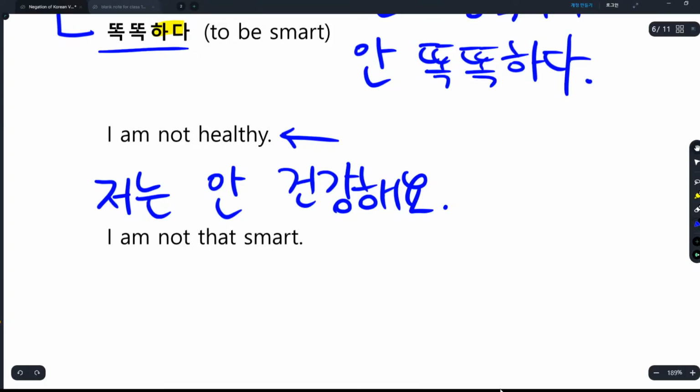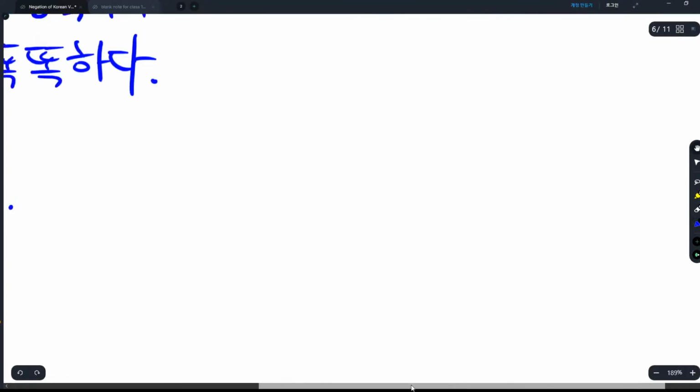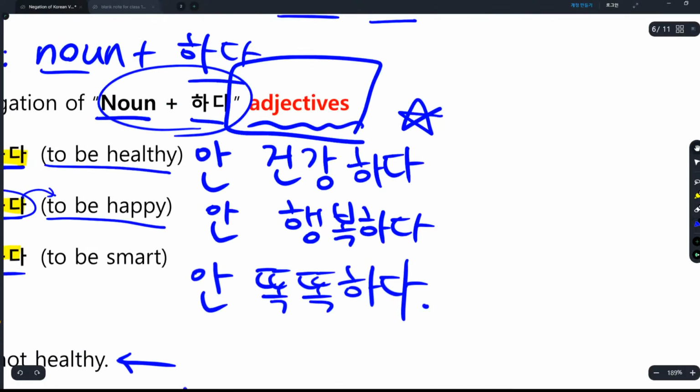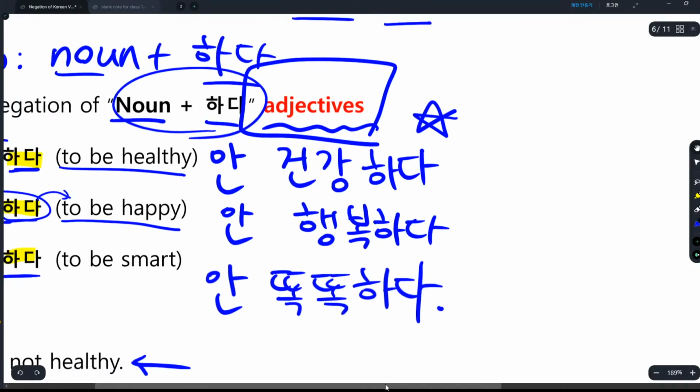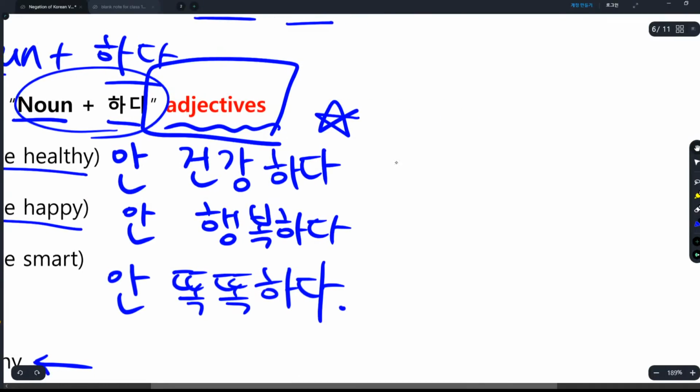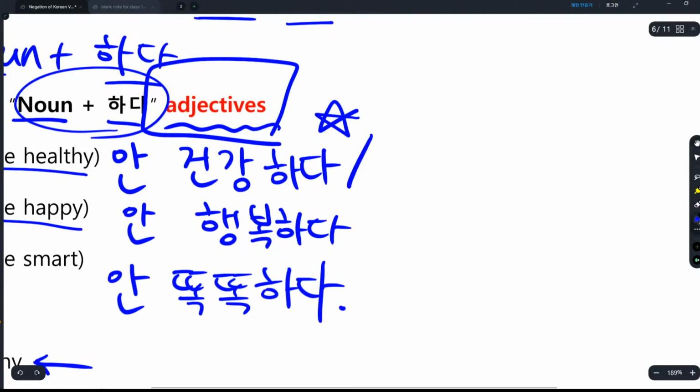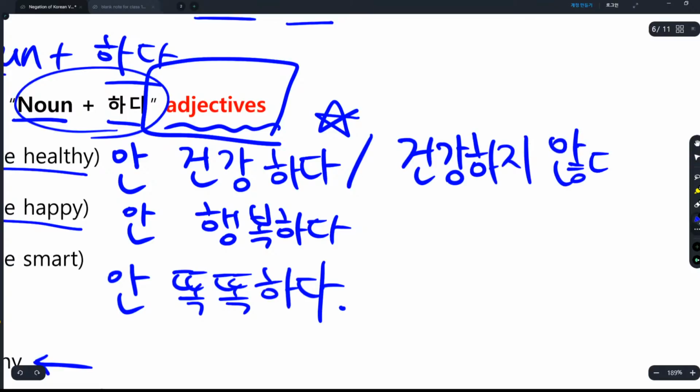Or I forgot to mention, guys. When it's 지 않다. So one good thing about 지 않다 is that it's always consistent, right? There's no exception. You just combine the stem and 지 않다, and this would make it a proper negation form. So it's either 안 건강하다 or 건강하지 않다.